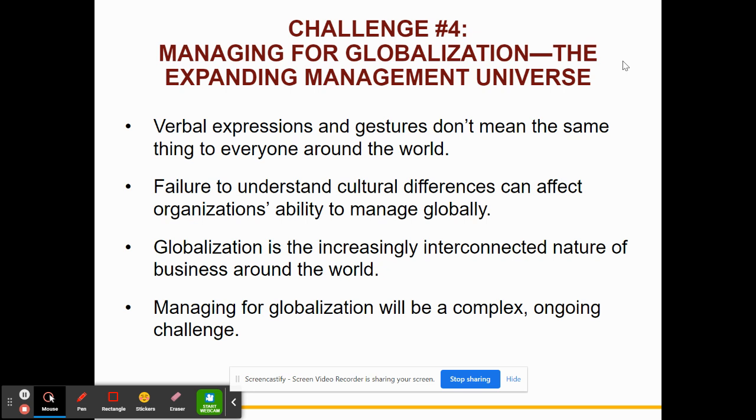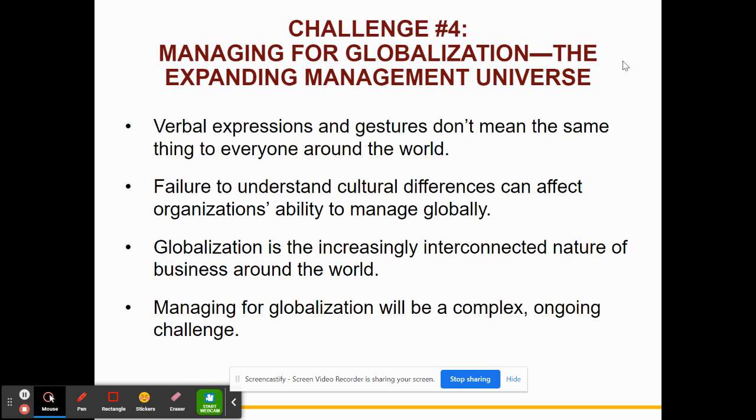Challenge 4, the expanding management universe. Verbal gestures and expressions don't mean the same thing to everyone around the world. Putting the middle finger up here in the United States does not necessarily mean the same thing as it does in China.